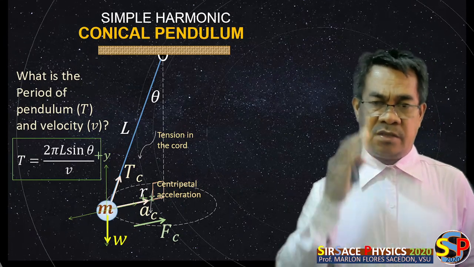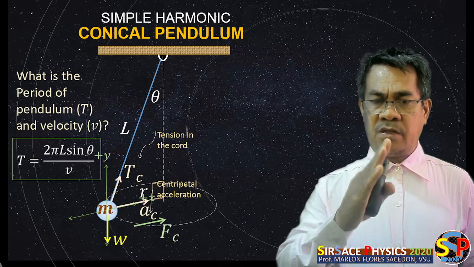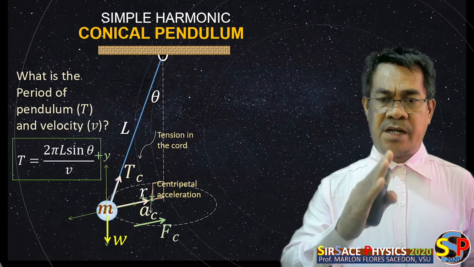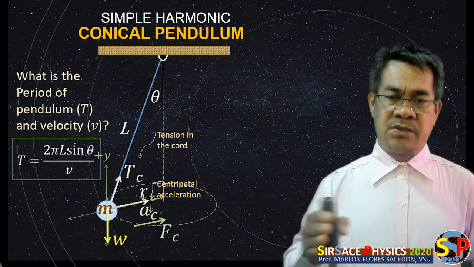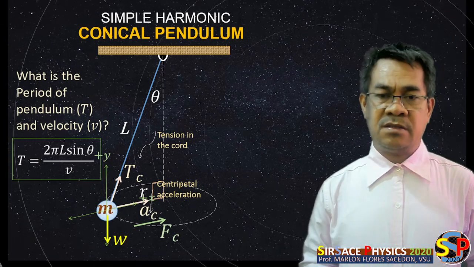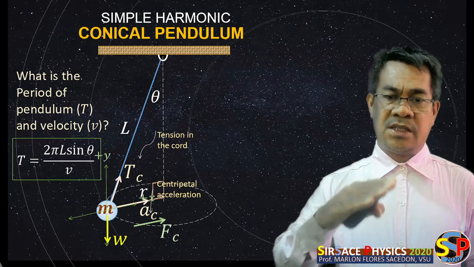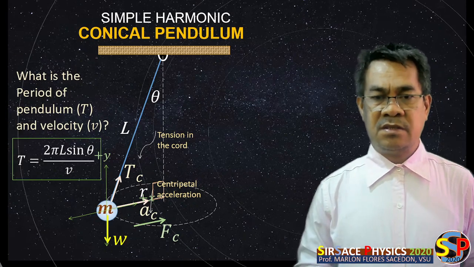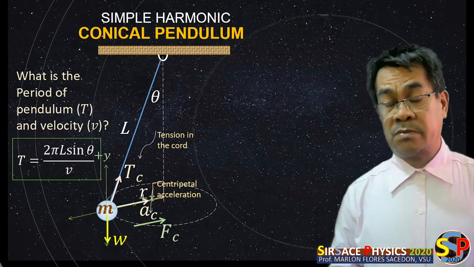Why? Because take note that when you look at the free body diagram, the component of TC parallel to y should be equal to W, for the reason that it won't change along y. And the component of TC along x is the centripetal force. So the tension in the cord plays an important role to solve this problem.